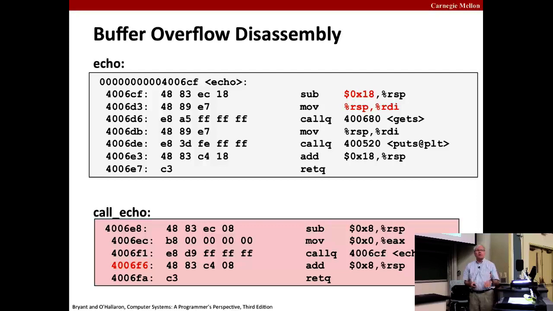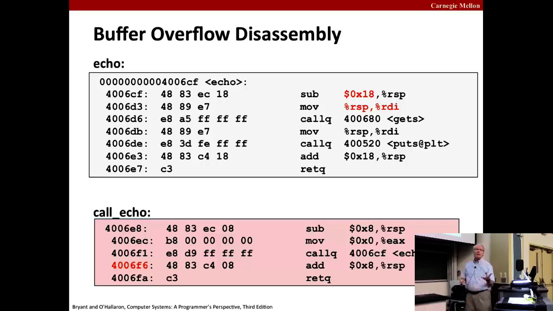And you just saw that the thing actually segfaults with an input string of 24, so we'll see that in a minute. But anyways, you can see here that it's allocating on the stack a region of 24 bytes, and it's copying that into RDI, which is, of course, the argument for getS.